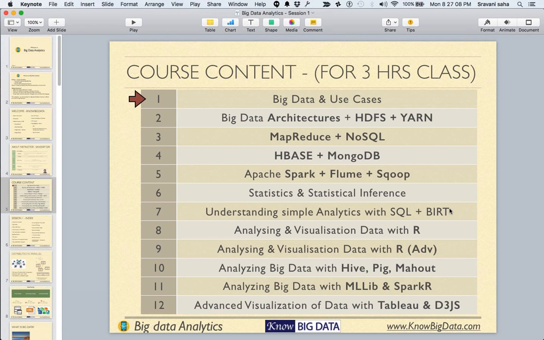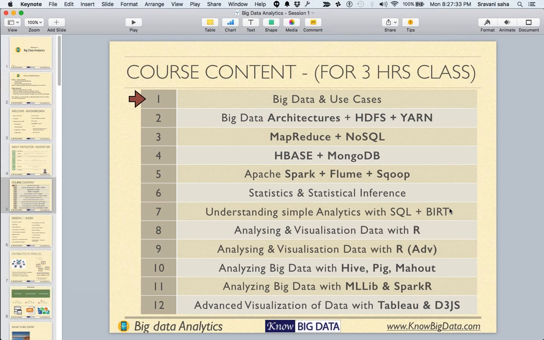First is statistics, then big data technologies, and then technologies like R and BIRT. And then the most interesting part of the course is real time analytics, which has not been mentioned here right now. We will dive deep into the details.